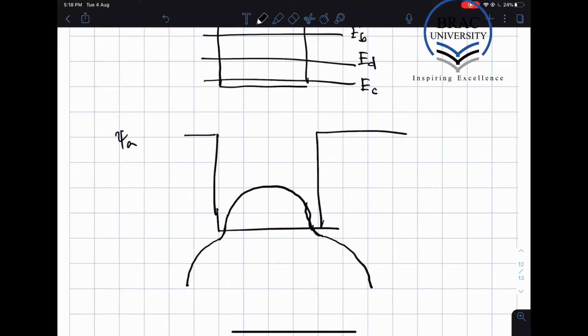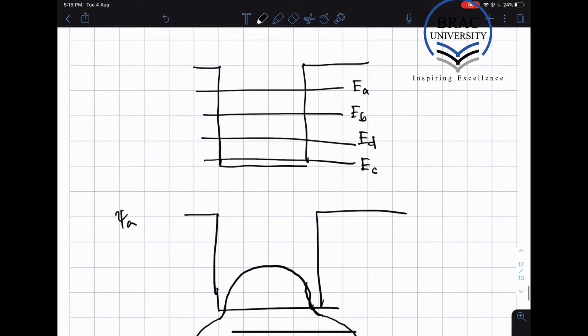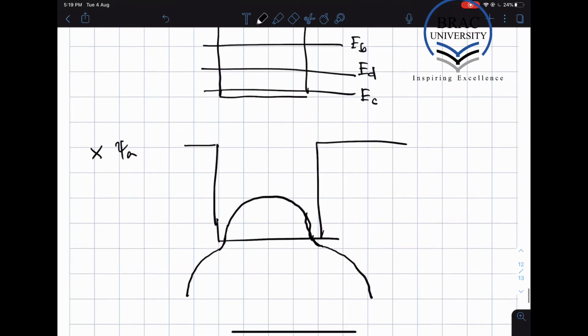And therefore we see that we are going to get a wave function in region 2 which is exponentially increasing. So this cannot be the right wave function, and therefore we cannot accept EA as the correct energy eigenvalue.